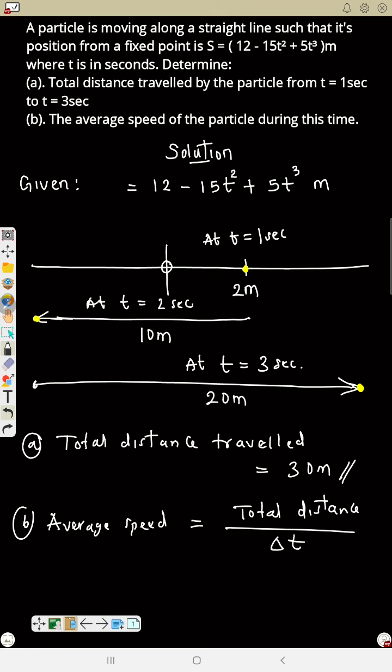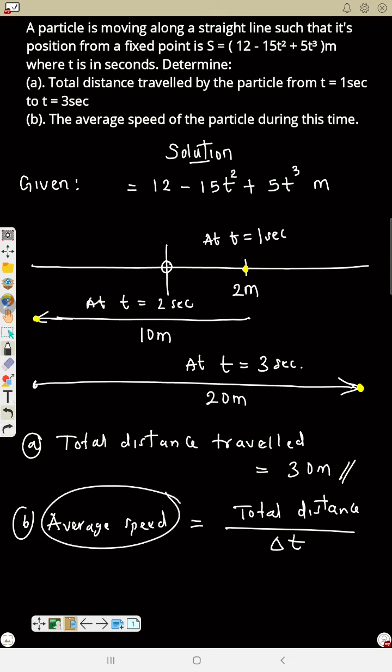Take note, your average speed depends on your time interval, and it depends on the total distance. But average velocity depends on your displacement. That means average velocity will be displacement over time. Take note. But what we are doing is average speed.